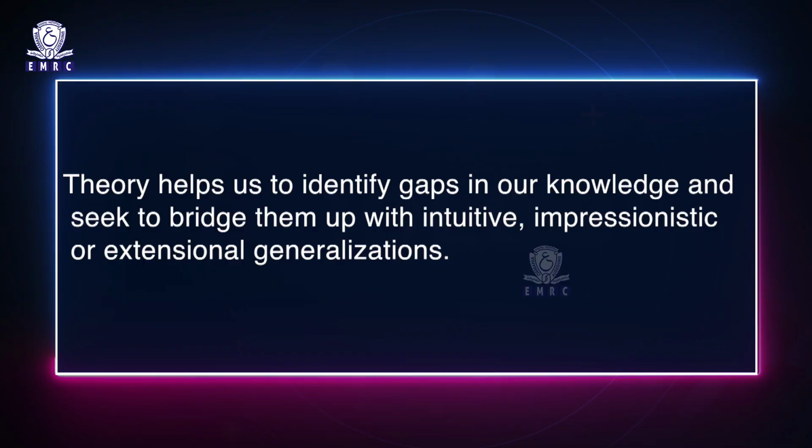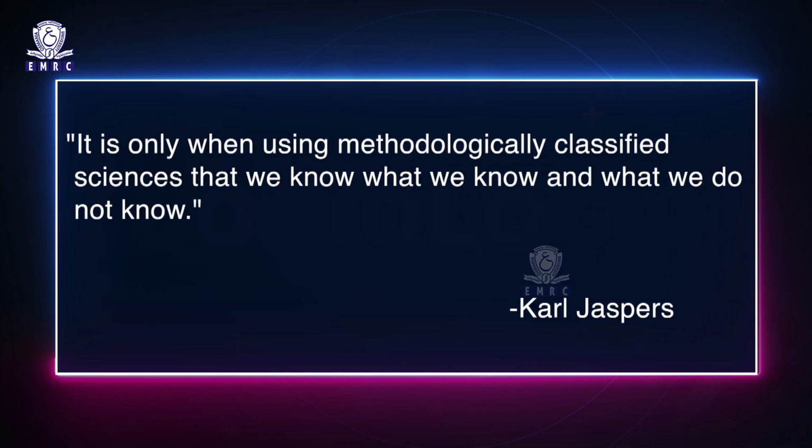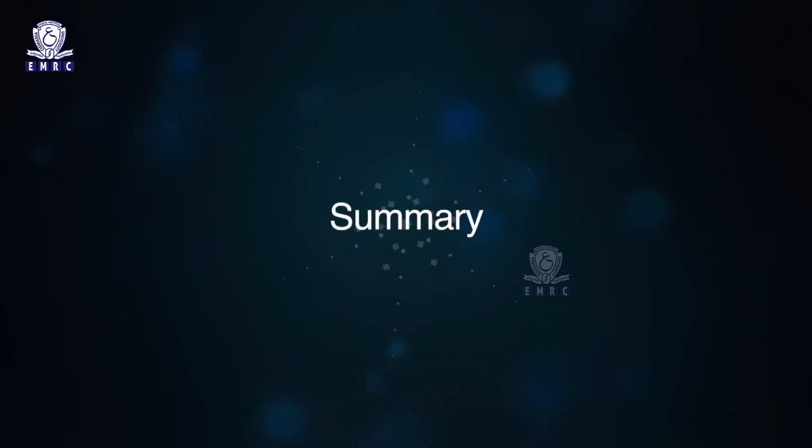Theory helps us to identify gaps in our knowledge and seek to bridge them with intuitive, impressionistic or extensional generalizations. As Karl Jaspers said, it is only when using methodologically classified sciences that we know what we know and what we do not. This way, theory constitutes a crucially important guide to designing of fruitful research.